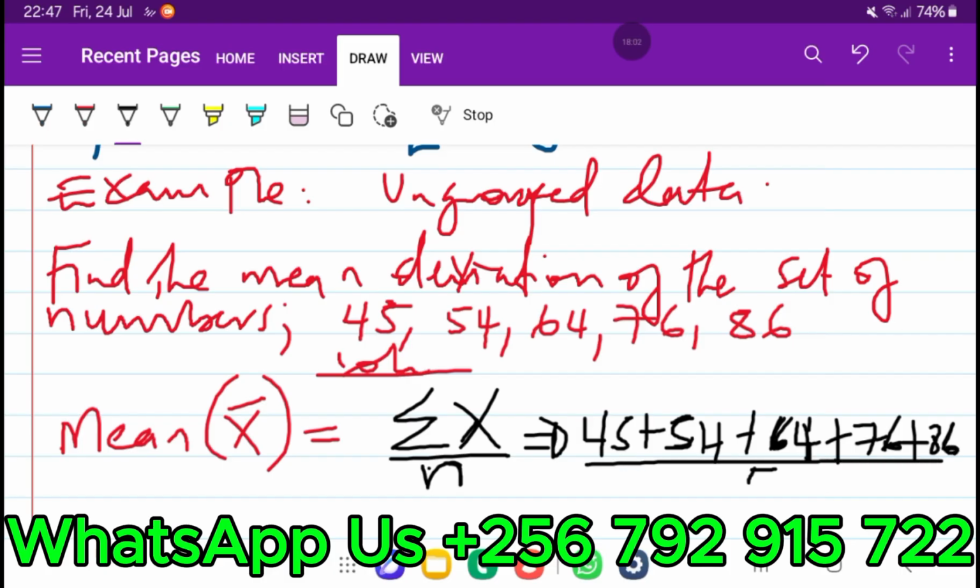They are 5 numbers, so you divide by 5, and this will give you 325 divided by 5, that gives you 65. That is your mean. Now we go to the mean deviation, because we need the absolute values.